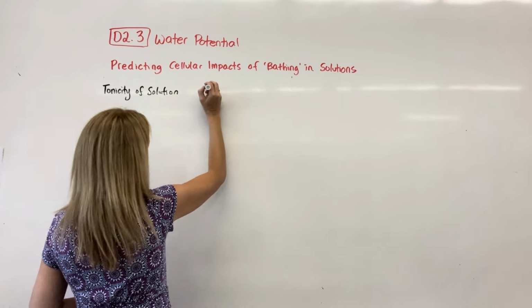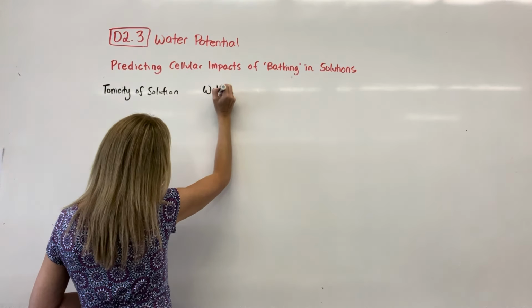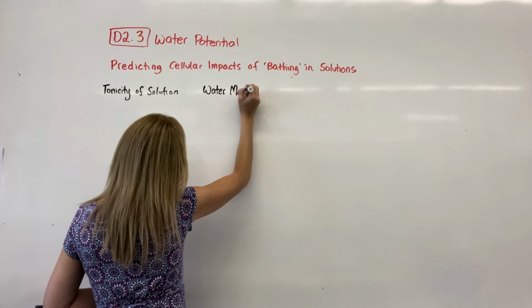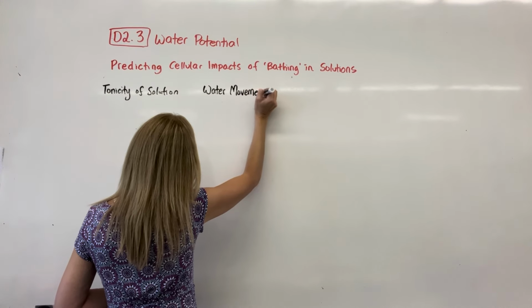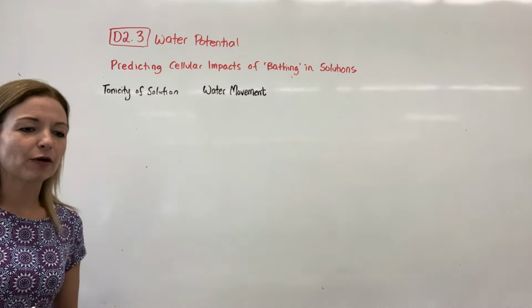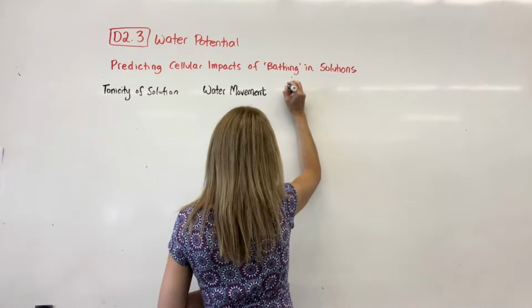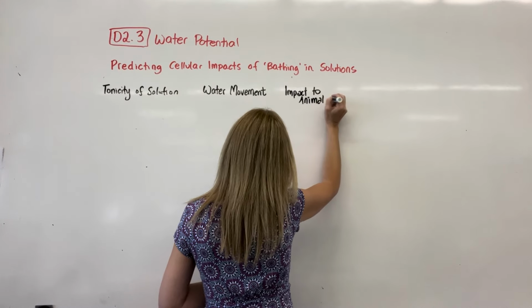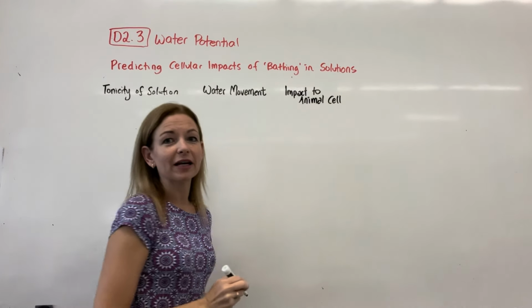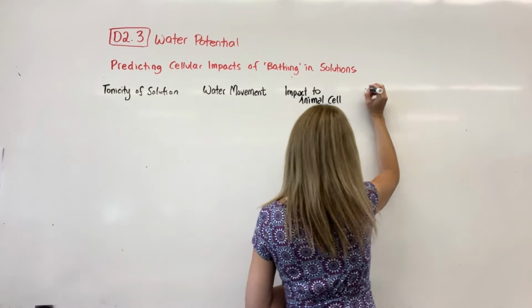Then we're going to say based on that, what is the water movement? Then we're going to say what is the impact for an animal cell? Then we're going to say what is the impact to a plant cell?